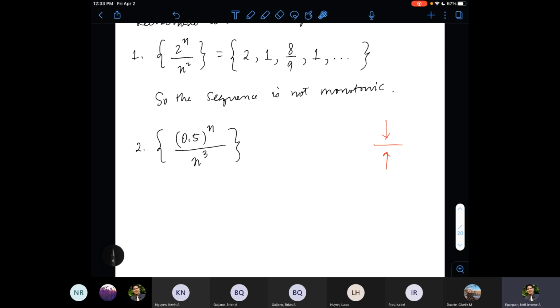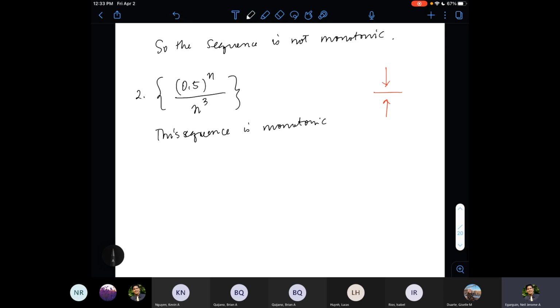And I guess you're also right that this will be decreasing to 0. But the stronger claim there is that this is decreasing. So it is monotonic. In particular, it is decreasing.